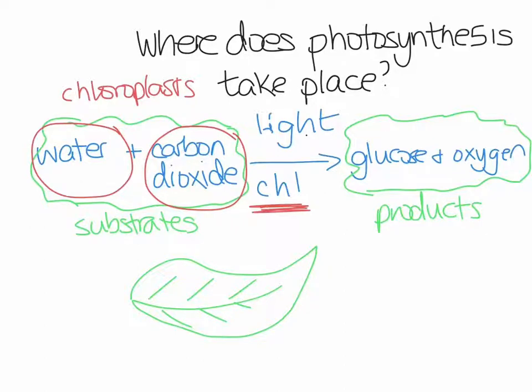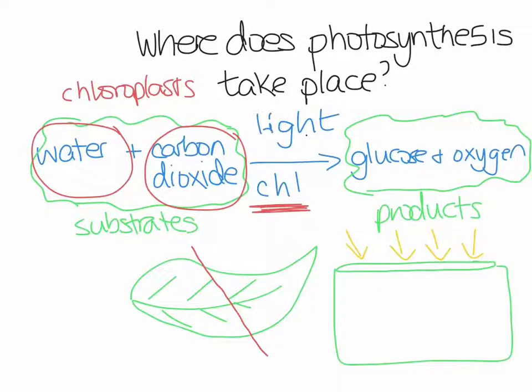And if we were to take a knife or a razor blade and cut across the leaf and look into it, sort of get down horizontally and look into it, the leaf would look like that, really, really flat and thin. The leaf has a large surface area, and that's because the light is coming from above. If leaves were that thick, it's not going to work because the light is only going to penetrate the first few layers of cells.